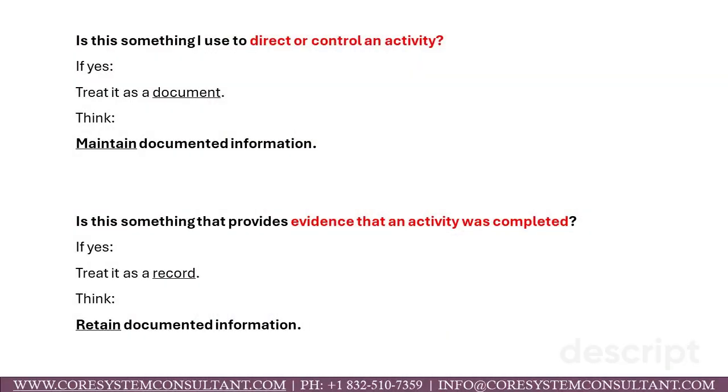So my practical recommendation is that whenever you read the term documented information in any of the new standards, 9001 or 14001 2026 version, when the standard says available as documented information, ask yourself: is this something I use to direct or control an activity? If that is the case, then the standard is referring to a document.